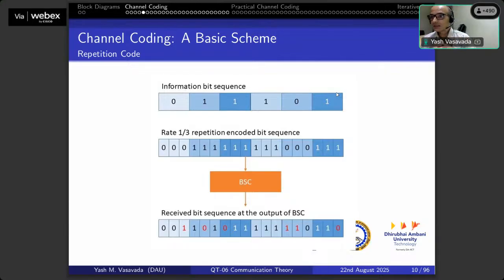So Kiran correctly said that, well, then instead of repeating it 3 times, maybe we'll repeat it 5 times, or 7 times, or 9 times. Why not 6 times or 8 times? We can actually do that.